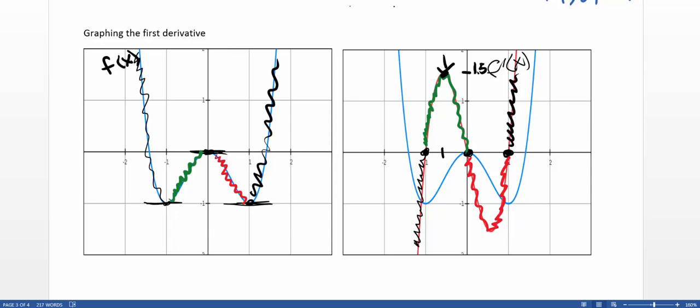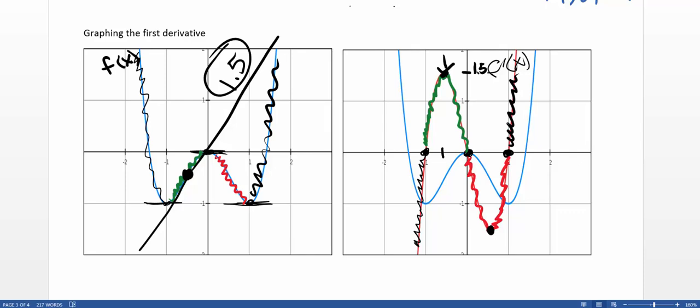So if I go to my original function and go to negative 0.5, I'd want to approximate the slope of the tangent line at negative 0.5, which is something we were doing earlier today. I would draw the tangent line, find 2 points on it, and approximate the slope of that line. When I did, I would approximate that it was approximately 1.5. That's what would tell me how high to go.